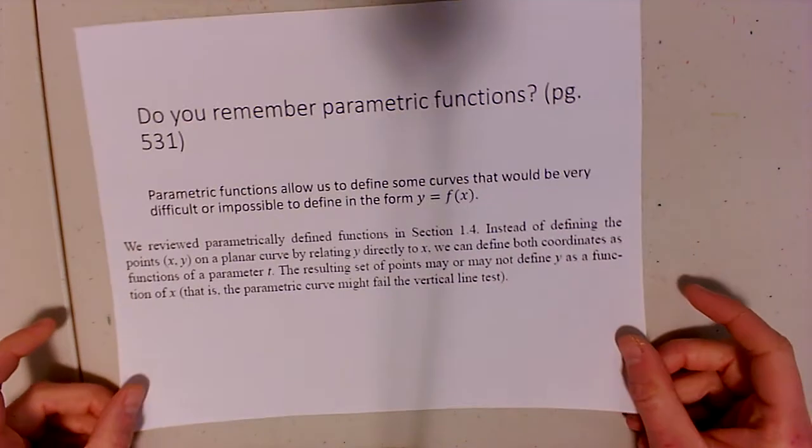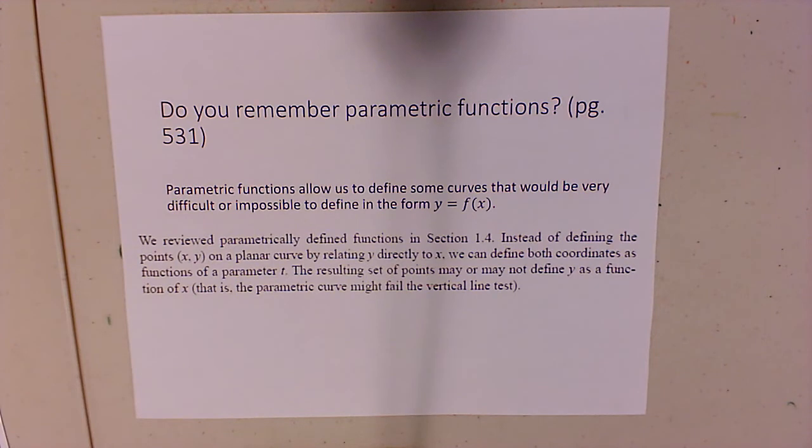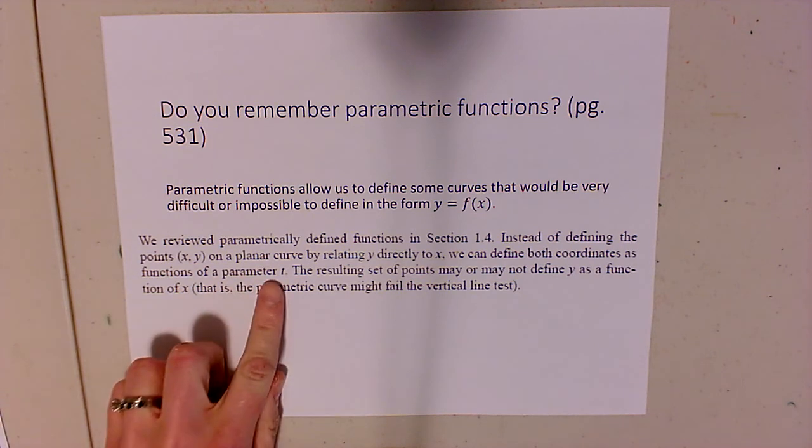The first thing we need to talk about is a quick review of parametric functions from back in chapter 2. Parametric functions allow us to define some curves that would be very difficult or impossible to find if we only use one function with two variables, x and y. What we do with parametric functions is we have a function for x and a function for y, and we throw in another variable, which is going to be a parameter.